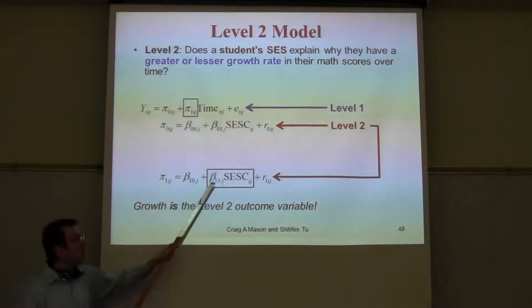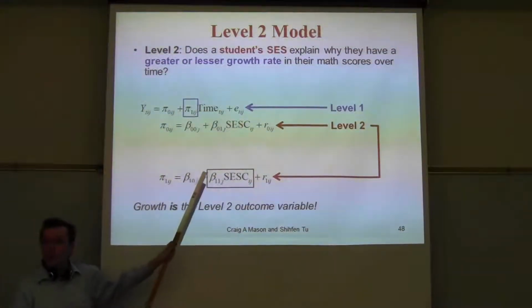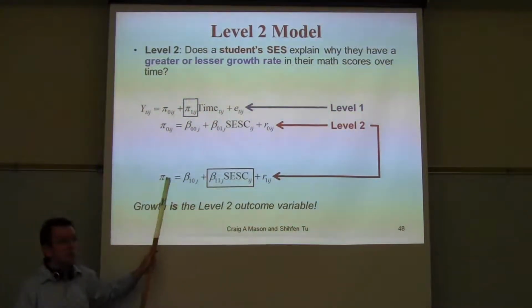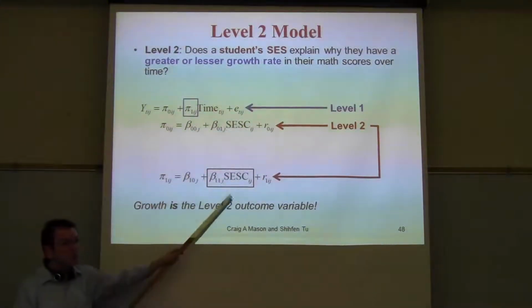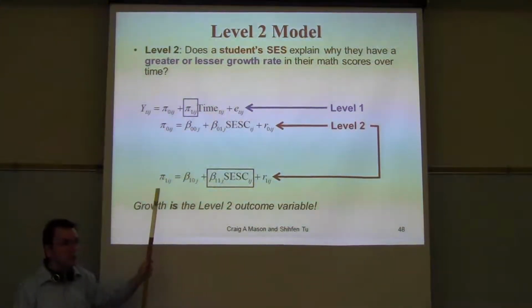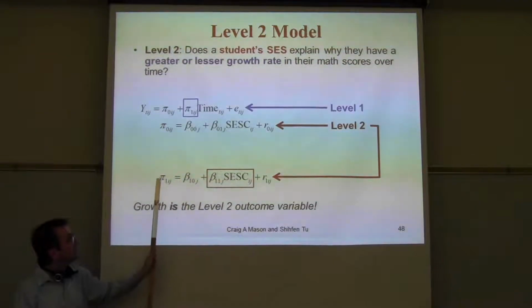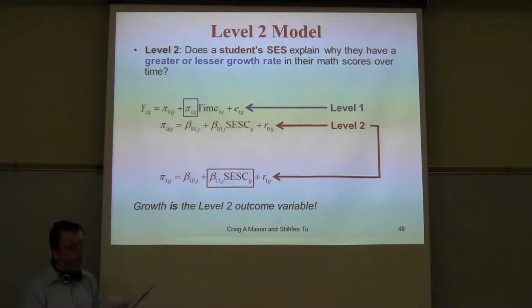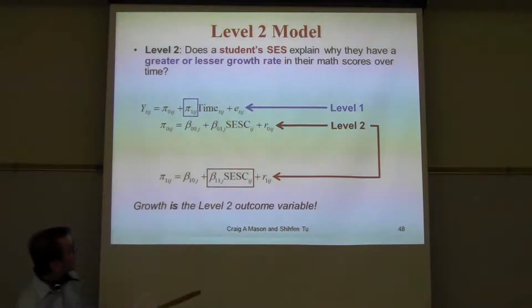So if you want to understand what influences student growth, whether it's math scores, English scores, behavior scores, anything, this does it. We're looking at growth as that actual outcome at level 2. And what variables may explain that outcome.